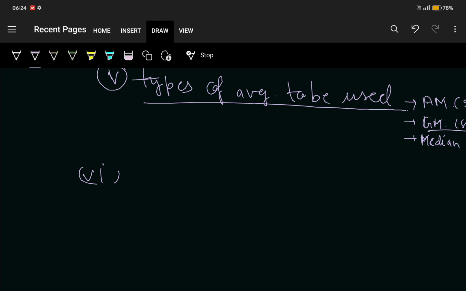but different commodities have different weights. So various commodities are not of equal importance, thus the proper weights should be given to them according to their importance.